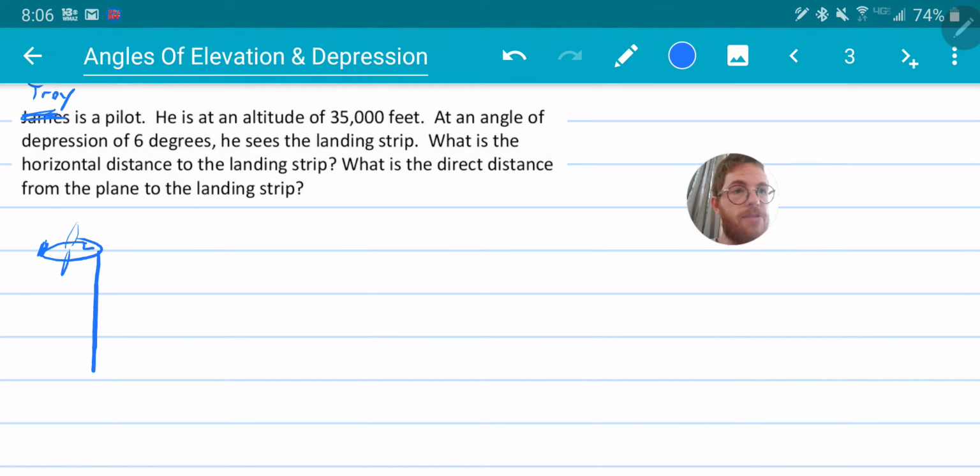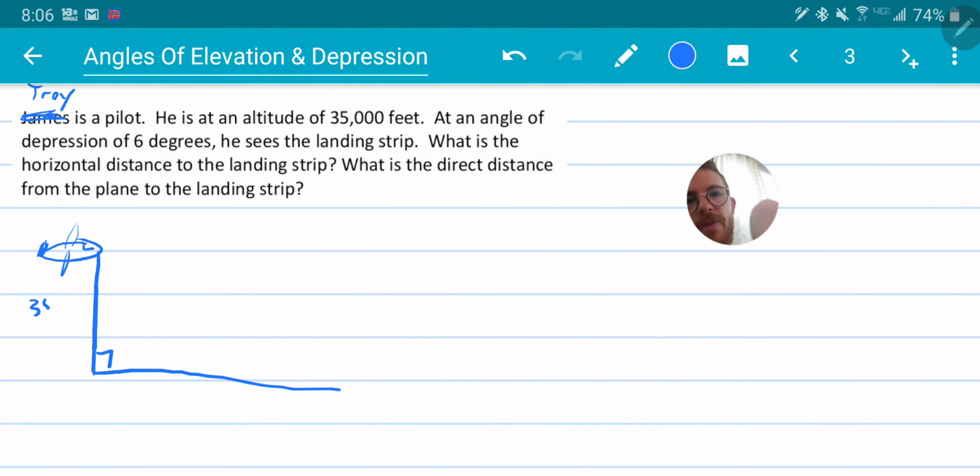It's going to be the height of this triangle, right? Altitude, when you talk about how high a plane is, or the altitude of a mountain, we're talking about the height from the ground. Mountain would be from sea level.